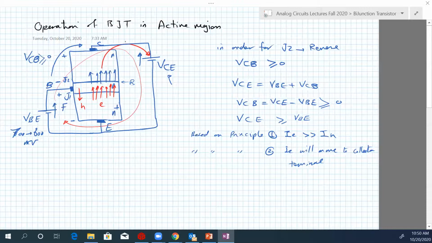There will be a current here called IC, although this junction is reverse. This current is actually the junction current. So IC is the junction J1 current.